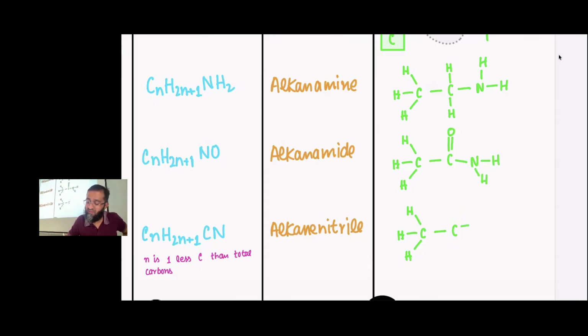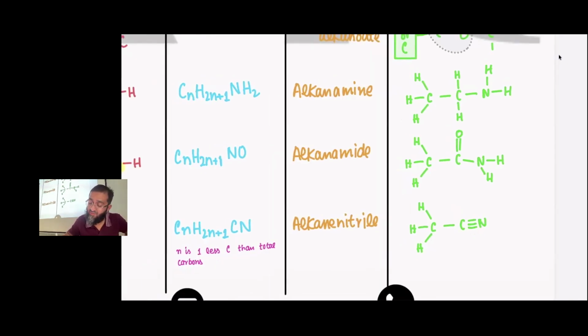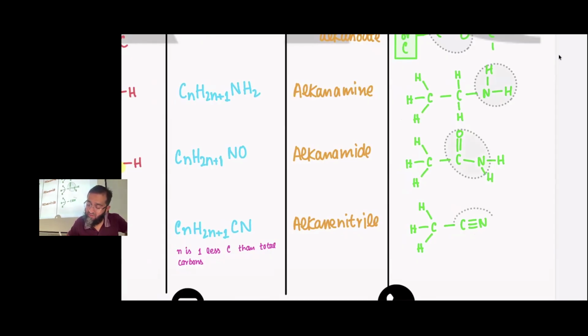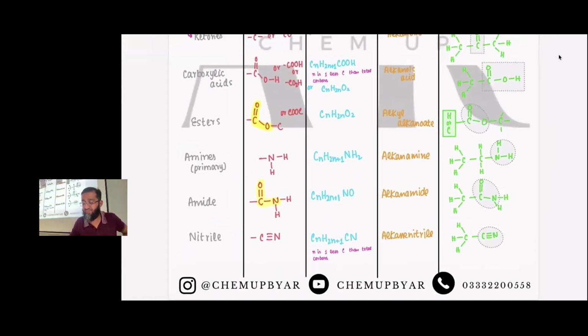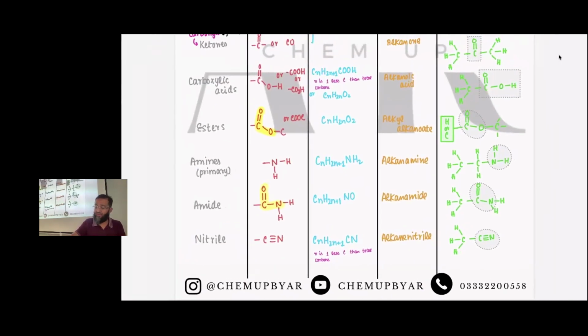For nitrile, it's C triple bond N. So here this is the functional group. Here this is the functional group. And here this is the functional group. Okay, if the examiner specifically asks you about the primary amine, then this whole thing is considered as the functional group.